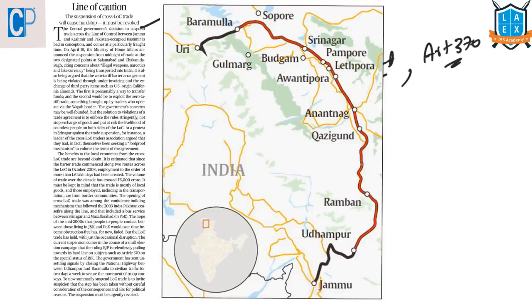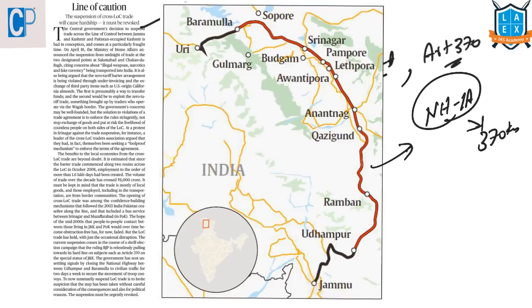Here you can see the Udhampur to Baramulla Highway, where the Jammu and Kashmir state has imposed a ban on civilian traffic along this Udhampur to Baramulla National Highway. So here we should know about this National Highway 1A, which runs for 370 kilometers.